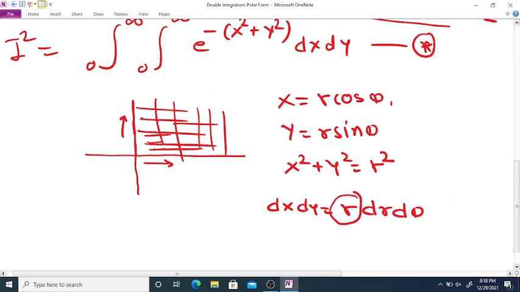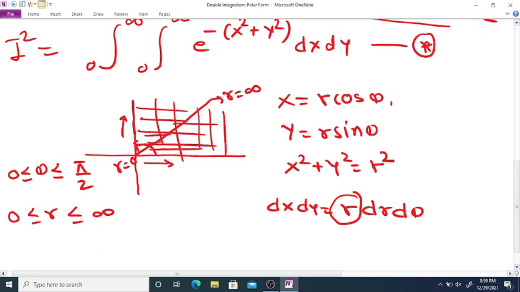Now to find the limits, the angle theta is 0 less than or equal to theta less than or equal to pi by 2, and the radius varies from r equal to 0 to r equal to infinity, therefore 0 less than or equal to r less than or equal to infinity.